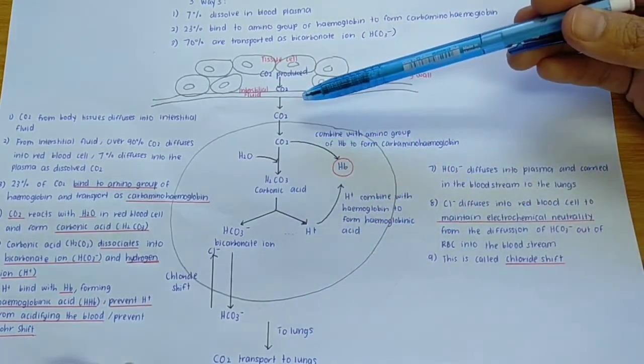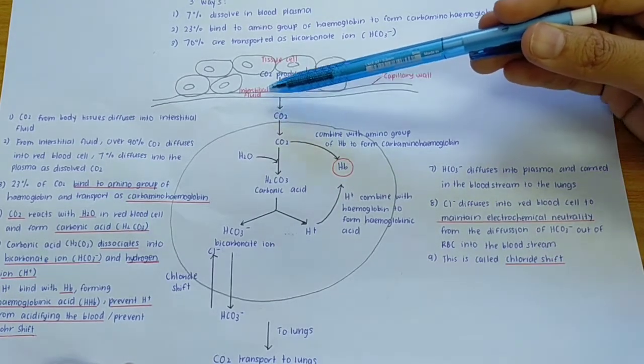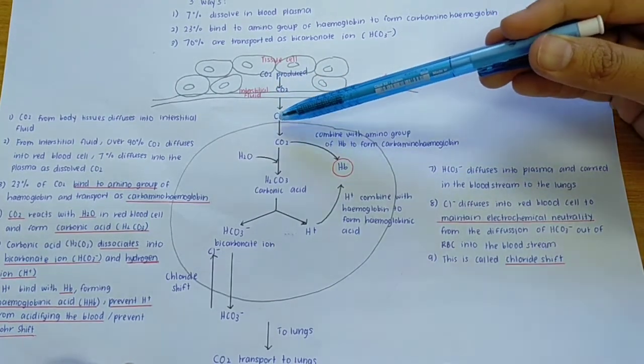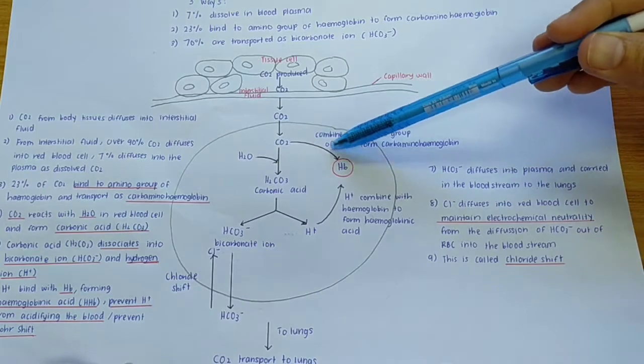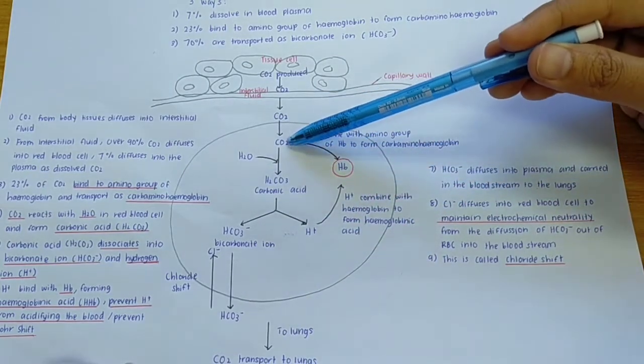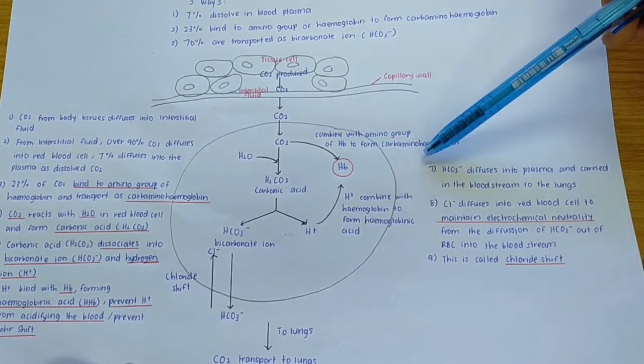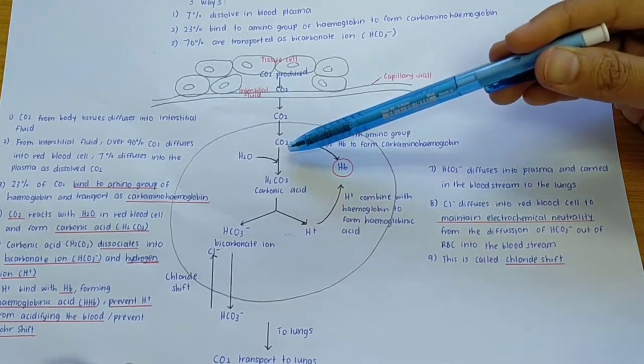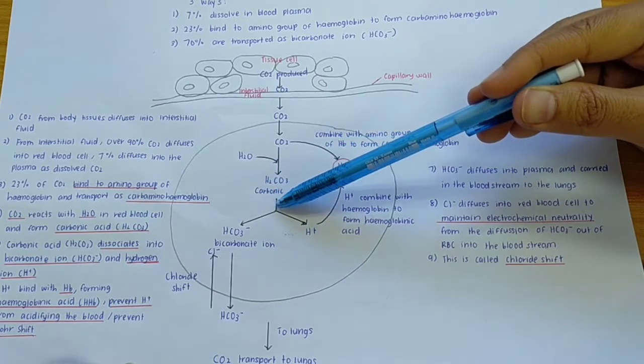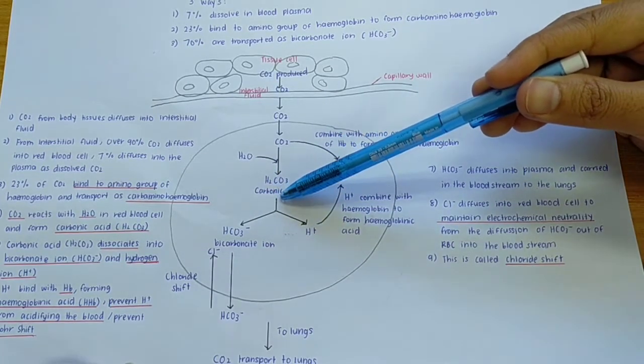So there are three ways. The first one, carbon dioxide will dissolve in plasma, and also carbon dioxide will enter the red blood cell. Some of the carbon dioxide will combine with the amino group of hemoglobin to form carbaminohemoglobin, and carbon dioxide will react with water to produce carbonic acid. What happened to this carbonic acid?